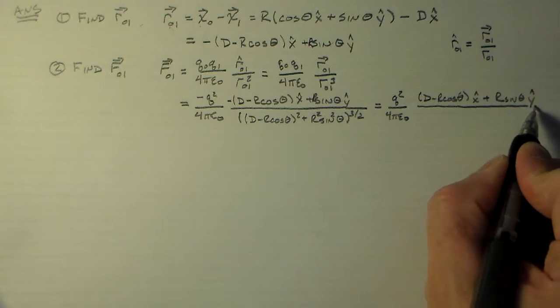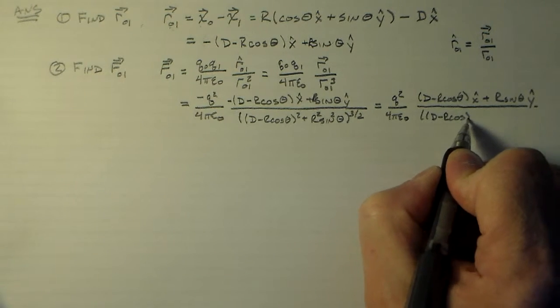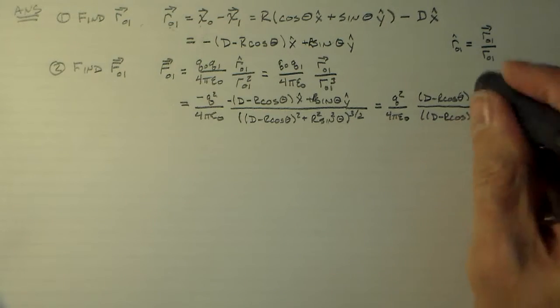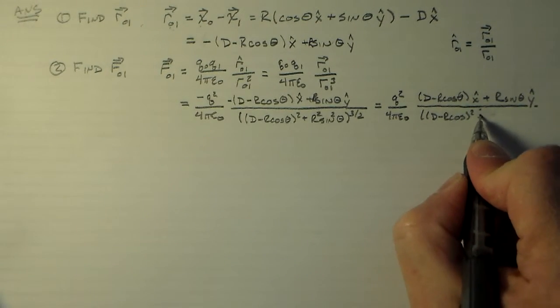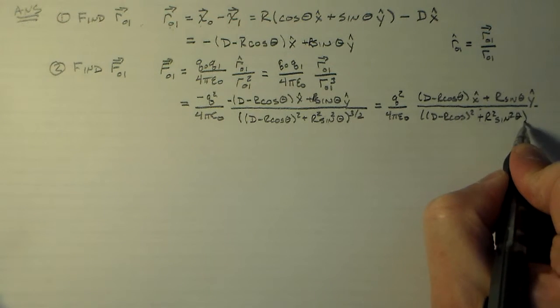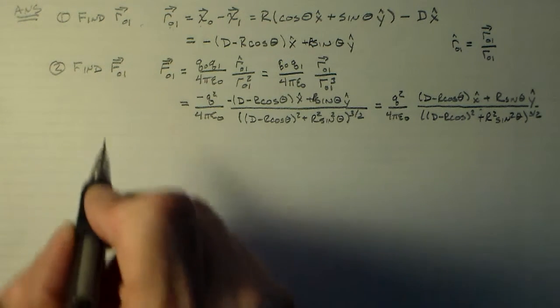All over this same thing, which is the square of the difference between the x components, or don't need the x hat, plus the square of the y components. Okay, so there we go. Looks nice and dandy. We're ready for our torque.